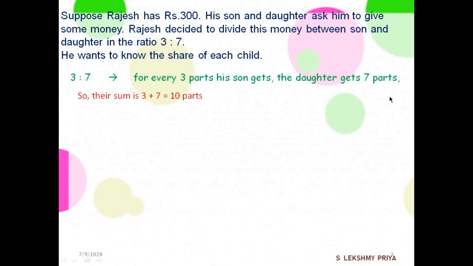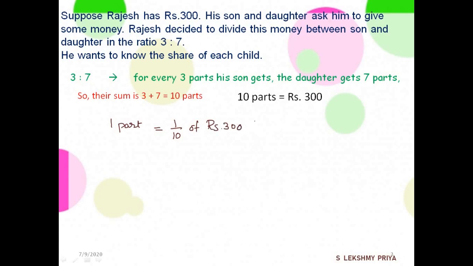So 10 parts means rupees 300. If 10 parts equal rupees 300, can we find how much one part will be? Correct. 10 parts equal rupees 300, so one part will be 1 by 10 of rupees 300.